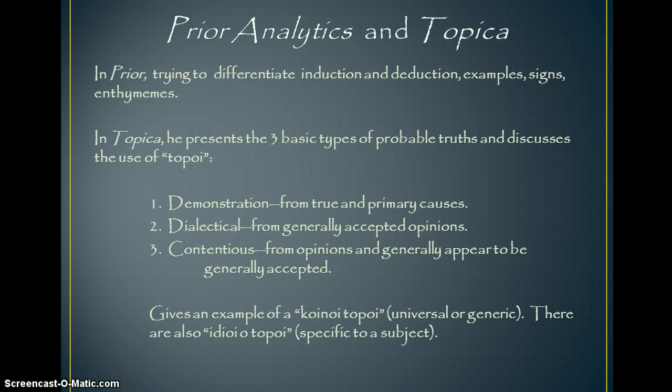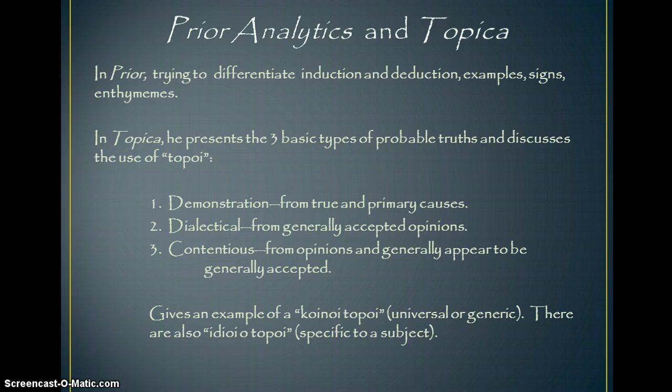Dialectical, most people get around to accepting them once you make the case for them. And then contentious, well, they're based on opinion, and usually most of the people, most of the time, to paraphrase Lincoln, get around to believing that sort of thing. Okay, so it's a scale. It's from one end to the other. But you see what he's trying to do? He's trying to get his arms around this question of probable truths and the types of them.